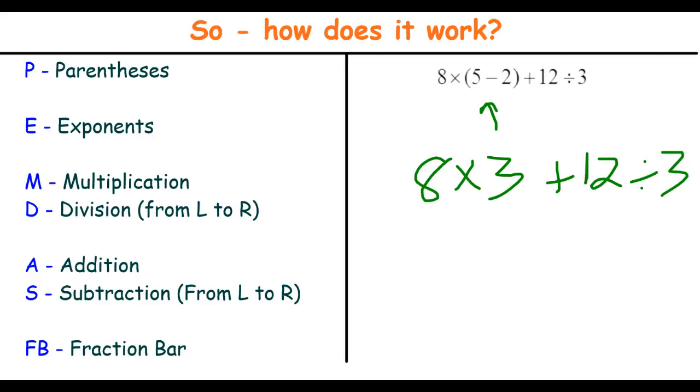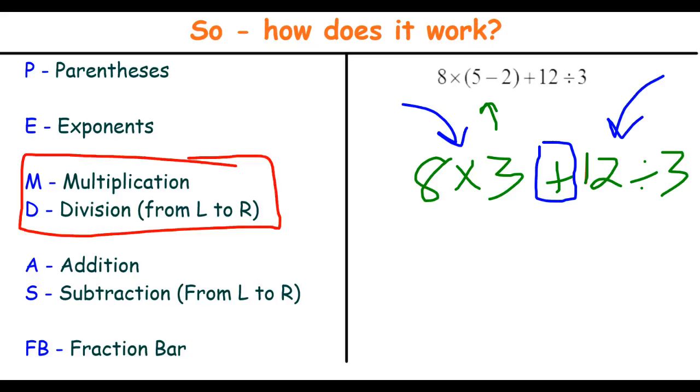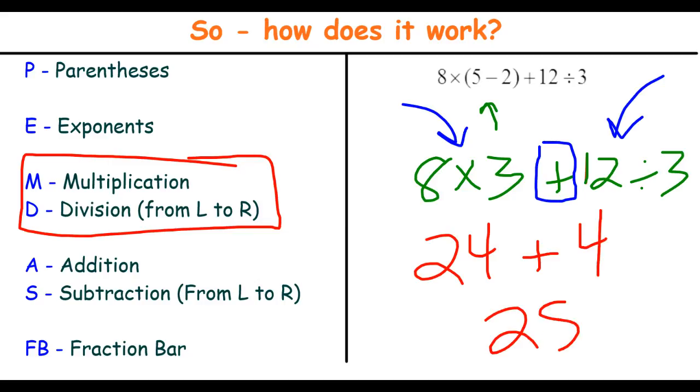And now, our addition here says that we're taking 8 times 3 and we're adding the value 12 divided by 3. If we're looking at our order of operations from top to bottom, multiplication and division happen first from left to right. 8 times 3 is 24, 12 divided by 3 is 4, and 24 plus 4 is 28. So either way you look at it, either just following it from top to bottom, or thinking about it as the addition and subtraction splitting the problem into chunks that we need to work on, both of those are correct.